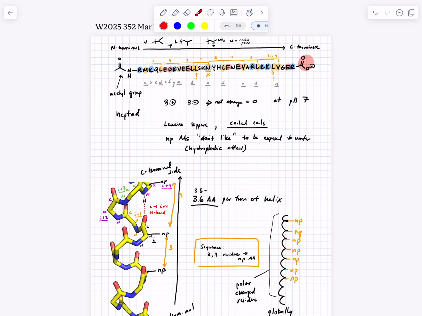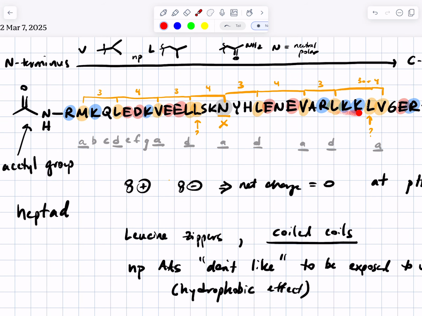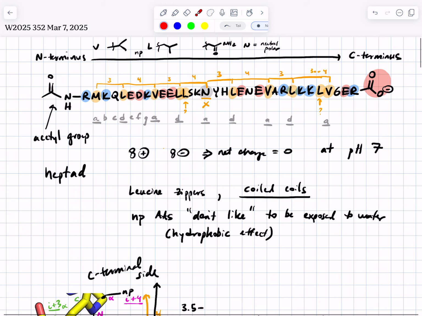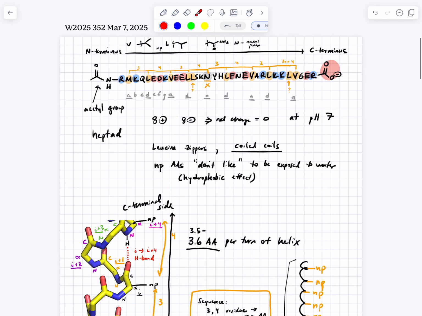Okay, and people today now know you can look at amino acid sequences of proteins, and if they have this pattern, people will say that's probably a leucine zipper, that's probably a coil-coil, and you can actually test these predictions, and people know a ton now about coil-coils because of this rule, which is a demonstration of the relationship between sequence and structure and function.